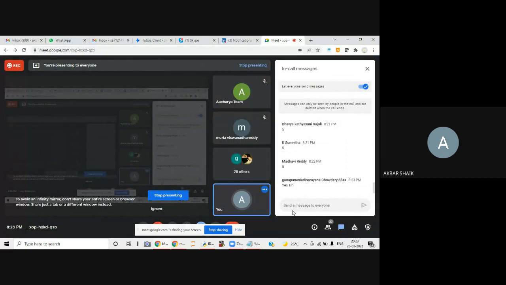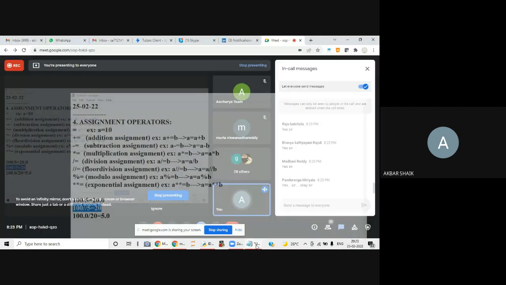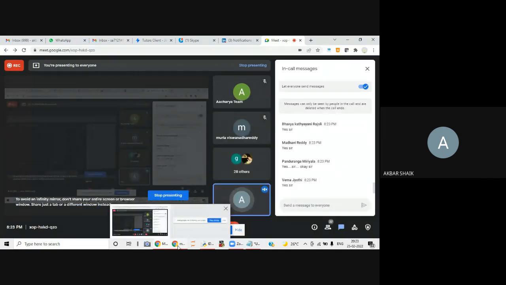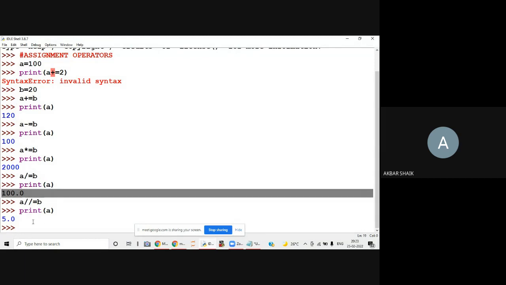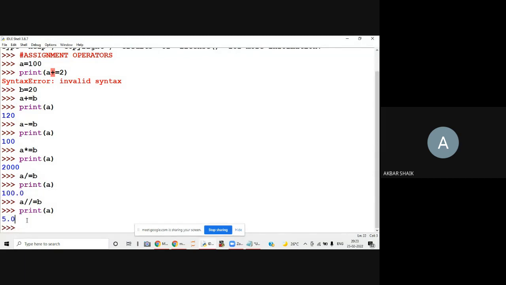Remaining students understood? Why did you answer 5? I know why you answered 5, because floor division always returns an integer. That is okay. But in this case the numerator is not an integer value, it is a float value. So that is the reason why obviously we got a float output only.